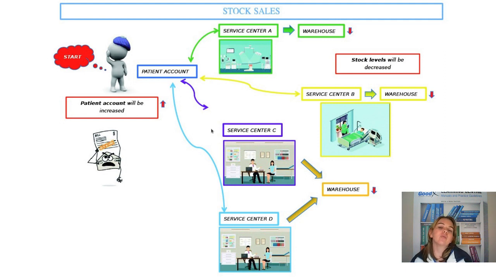Remember when we spoke about how to set up your stock, a warehouse will always be linked to a service center. When you bill the patient, you will choose the correct service center the patient is lying in, and automatically this is linked to a warehouse. The warehouse stock levels will decrease and the patient account will increase.